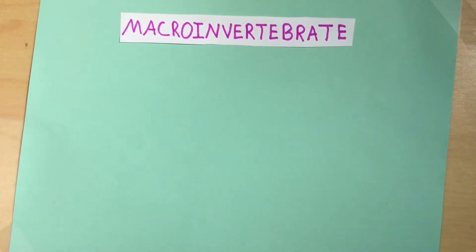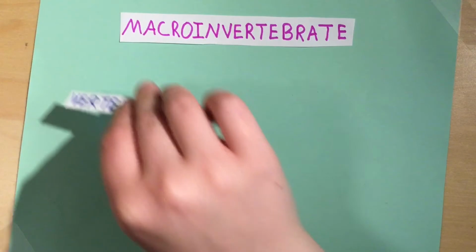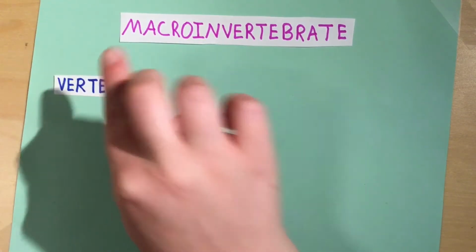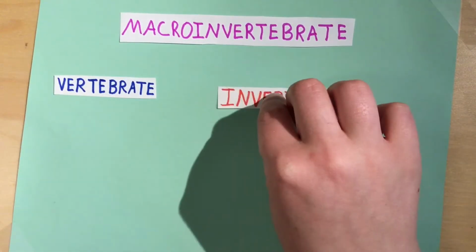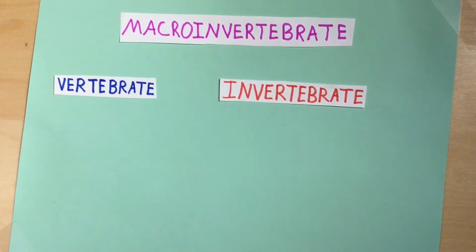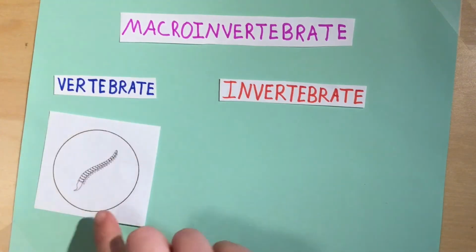So I want to break down the next part of this word, invertebrate. We're going to have vertebrate here, and we're also going to bring in the word invertebrate. So every human, if you feel your back, you can feel your spine. If you're a vertebrate, or a human, you have a spine.